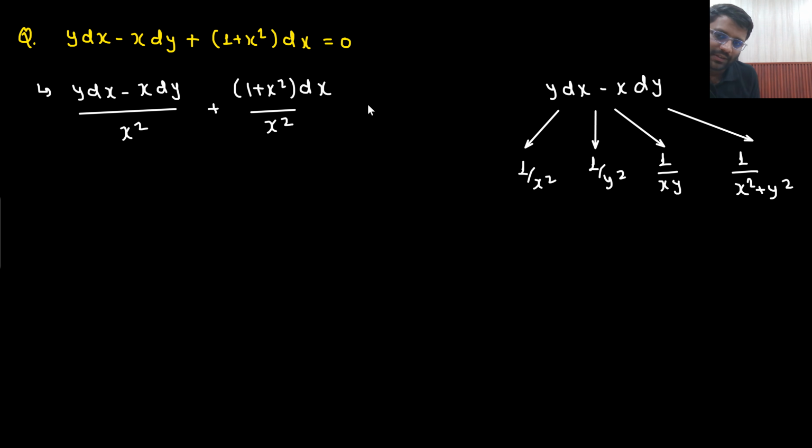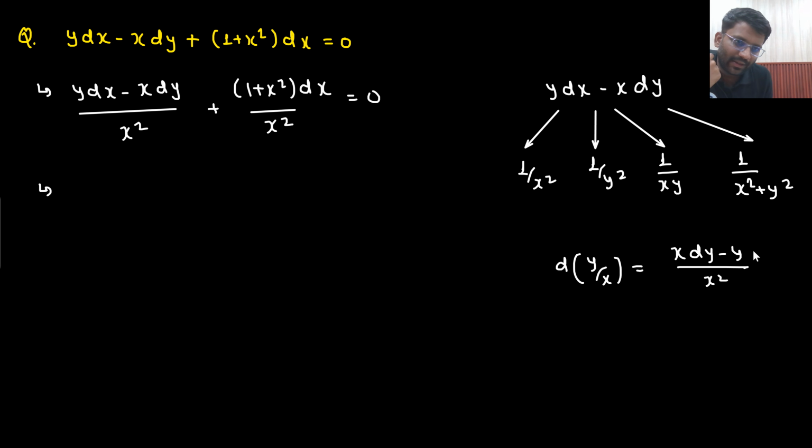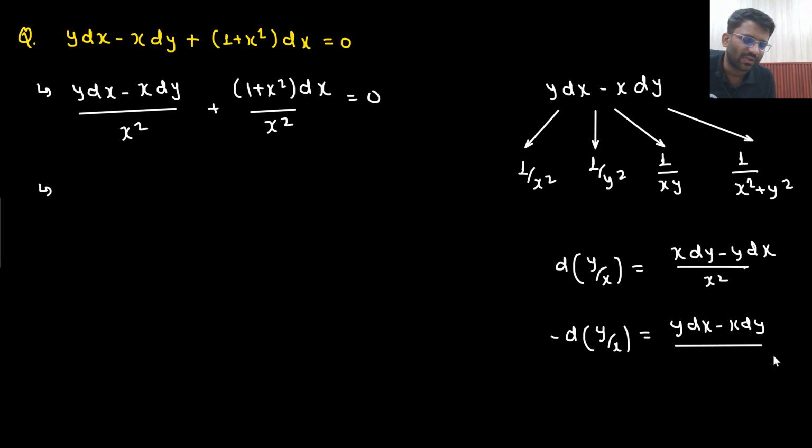What is the value of d of y by x? d of y by x would be nothing but (x dy minus y dx) upon x square. So it is coming out with a minus sign, because it is y dx minus x dy. So minus d of y by x is (y dx minus x dy) upon x square.